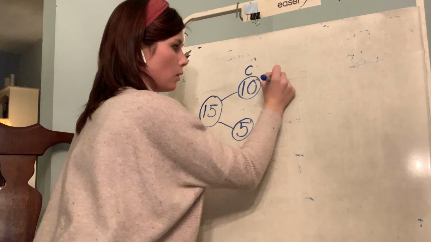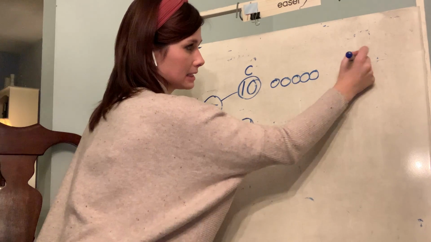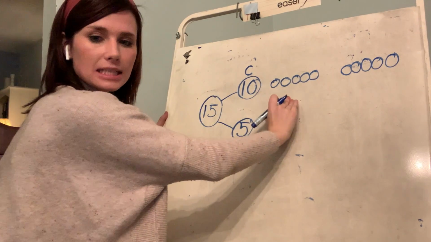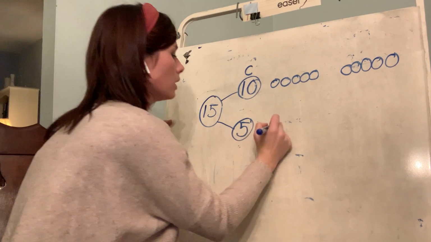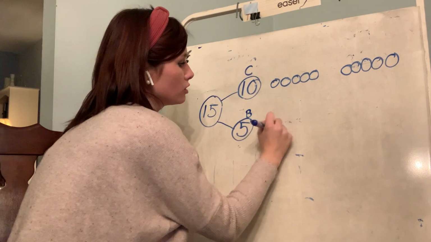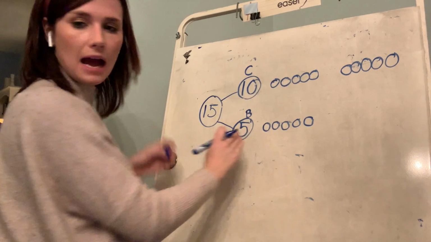C for carton. 1, 2, 3, 4, 5, 6, 7, 8, 9, 10. 10 in a carton. 5 are in a bowl. Bowl, B. 1, 2, 3, 4, 5. So we have 10 and 5.